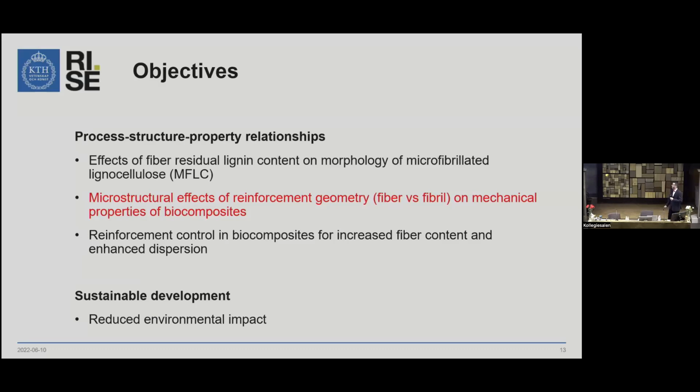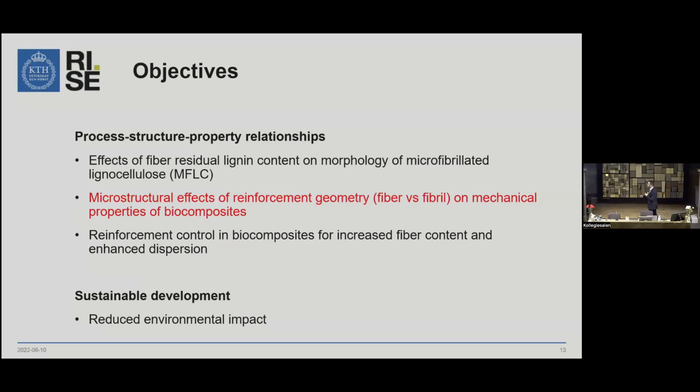Microstructural effects of reinforcement geometry, I mean fibers versus fibrils, on mechanical properties of biocomposites. And this has been the major scientific objective of my study, and that's why I put it into the title of the presentation. And then to gain reinforcement control in biocomposites for increased fiber content and enhanced dispersion.